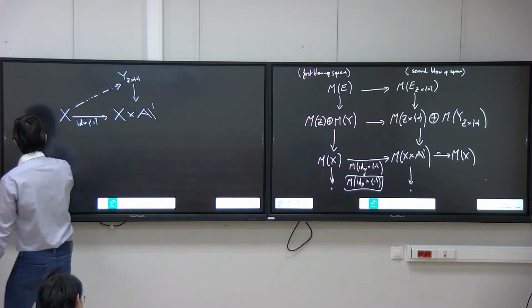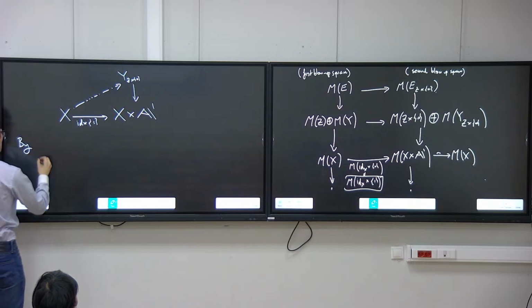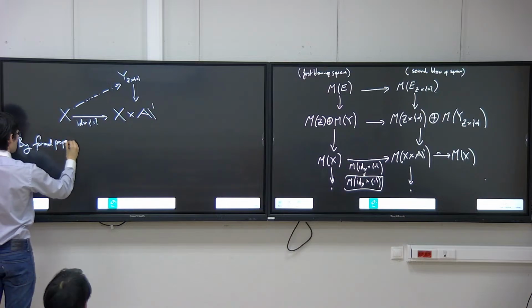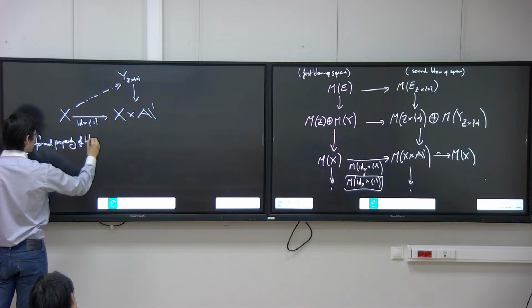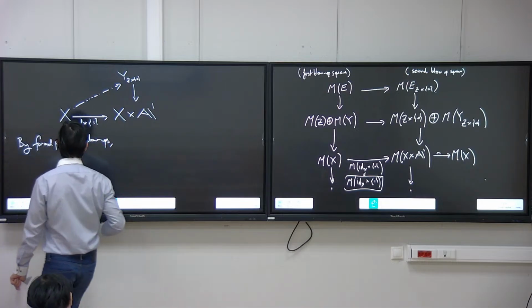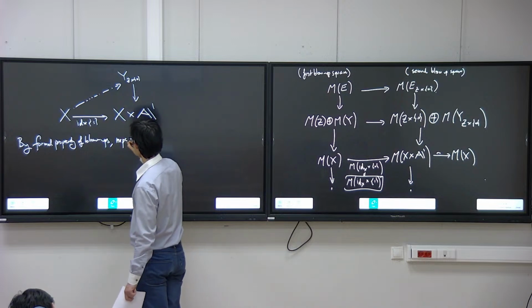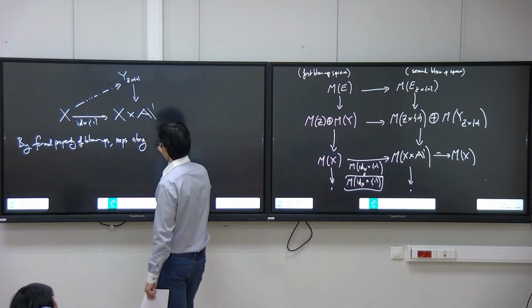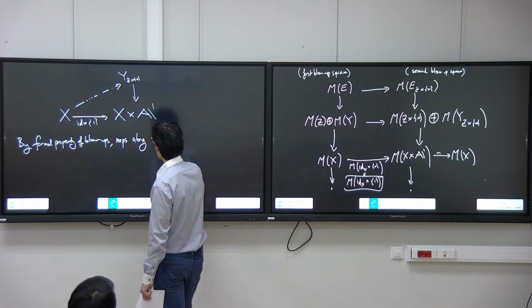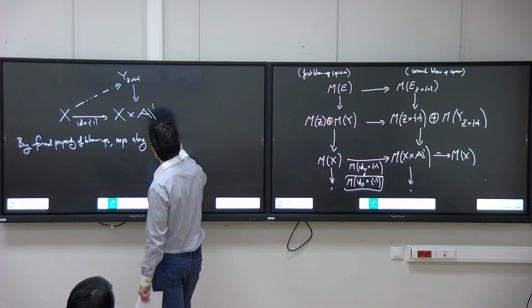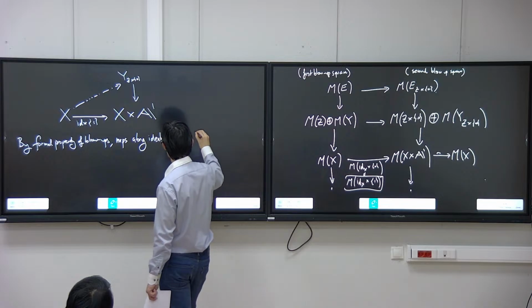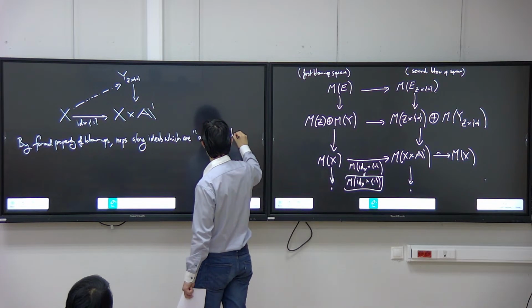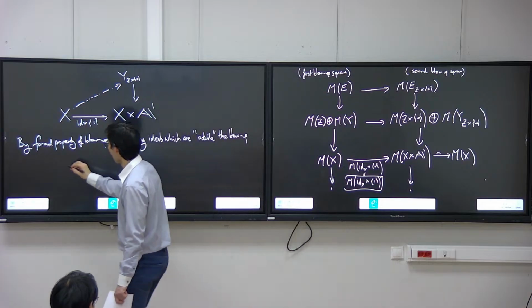So by formal properties of blow-up, maps along, let me just say loosely, ideals which are outside the blow-up lift.